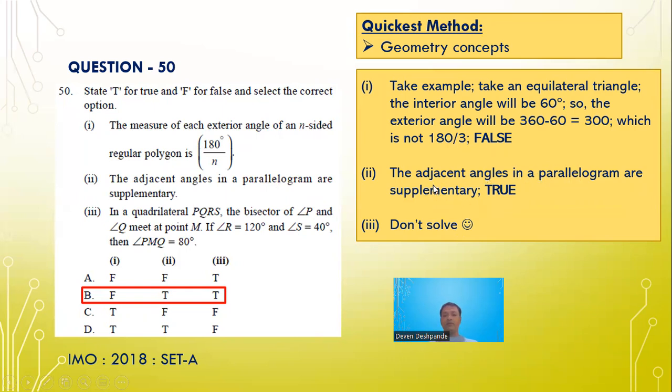Angles whose sum is 180 degrees are supplementary angles, and adjacent angles in a parallelogram are supplementary. So the second is true. So 1 is false and 2 is true. Only option B, where 1 is false and 2 is true.